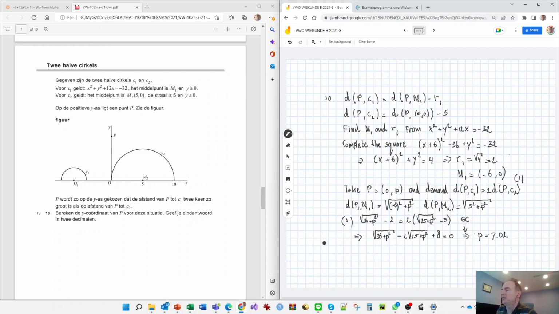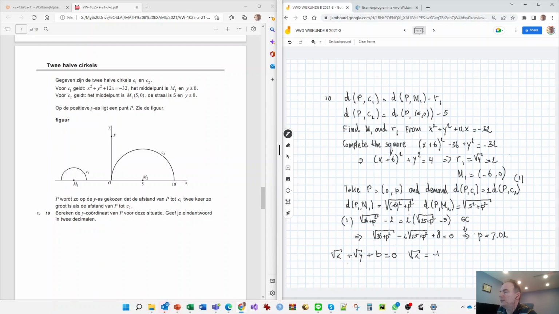Actually, it's something like this. If you have the square root of x plus the square root of y plus some constant b is 0, you can just write square root of x is minus b minus the square root of y.